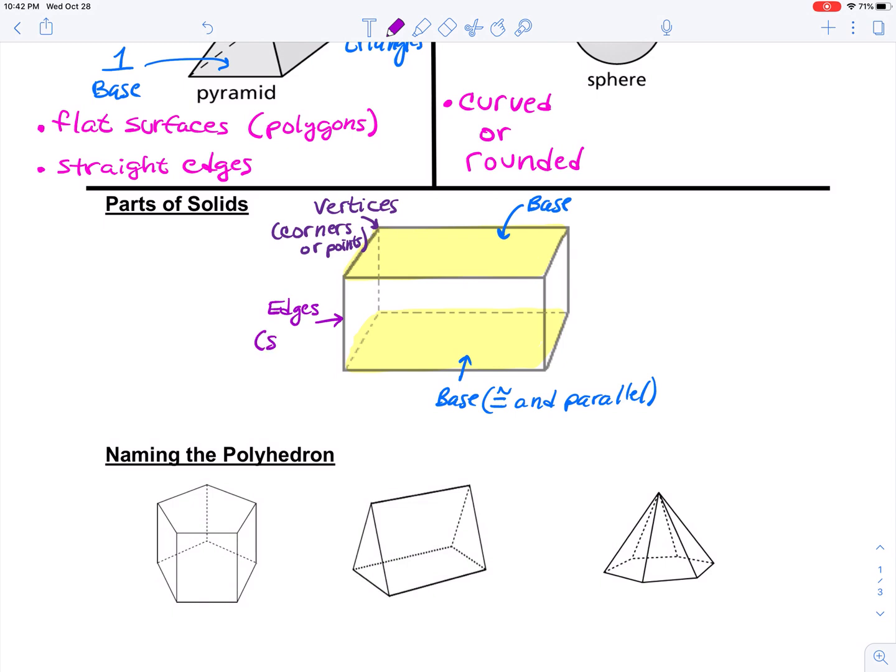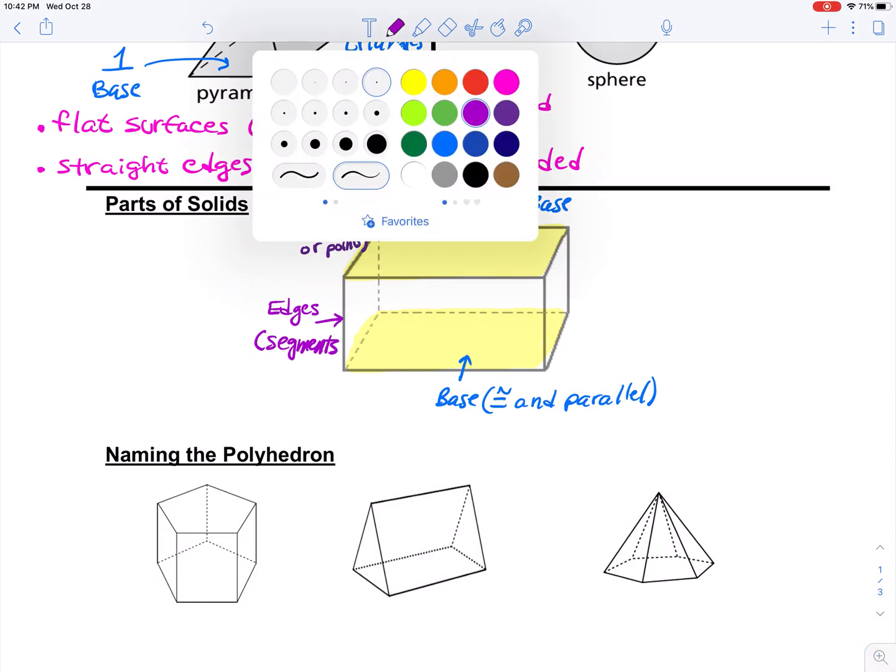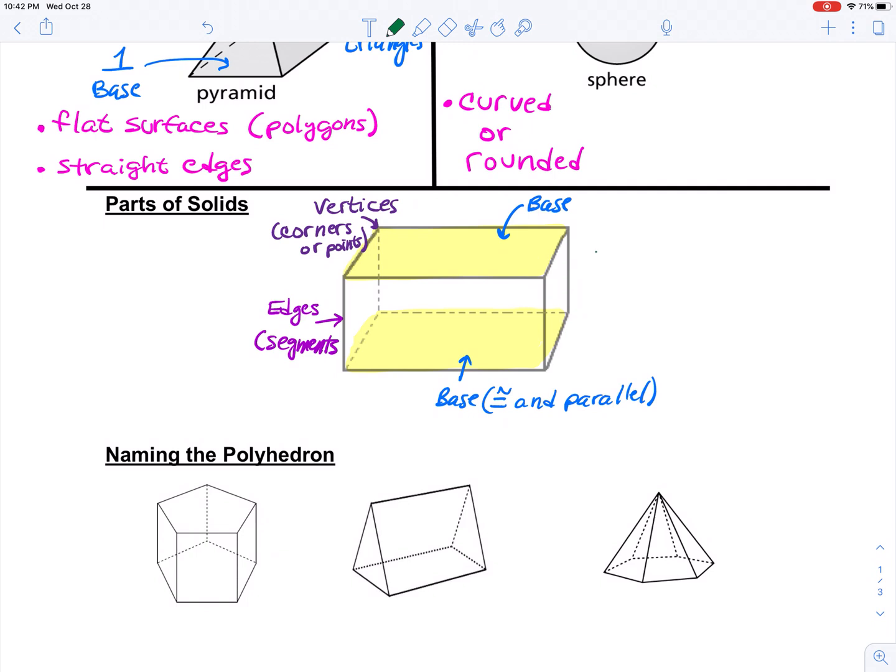Those edges are segments. And we have what's called a face. The faces are all flat surfaces, which of course are your polygons. And yes, the base is a face.